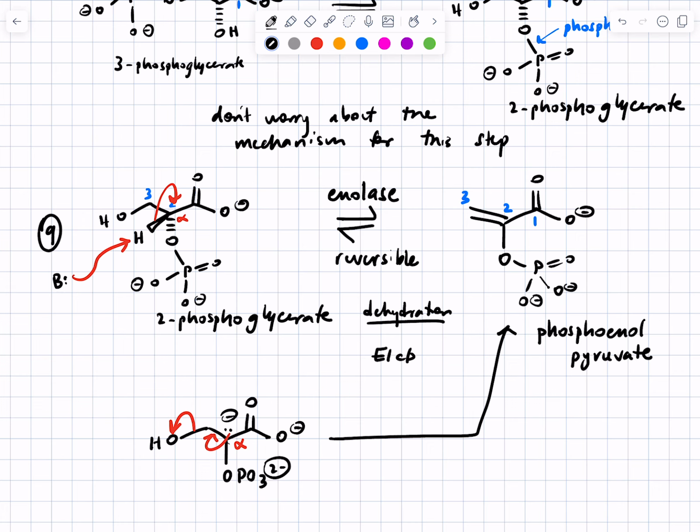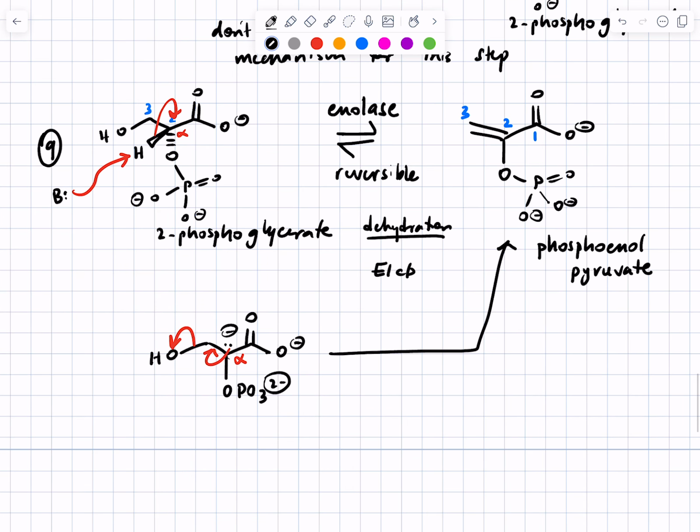The name there doesn't make a whole lot of sense until you know what the structure of pyruvate is. Why would you know that? That's going to be the final endpoint of glycolysis. So this is pyruvate, and the enol of pyruvate would look like this.